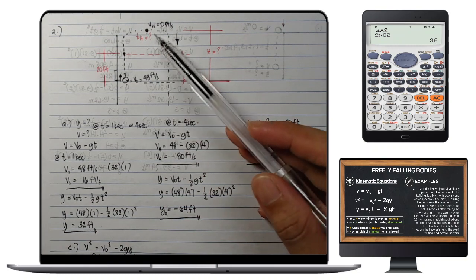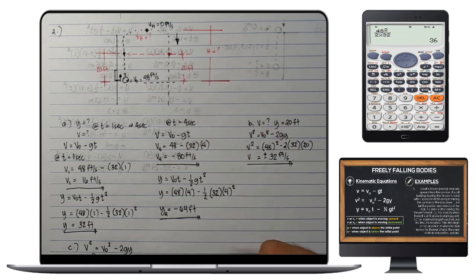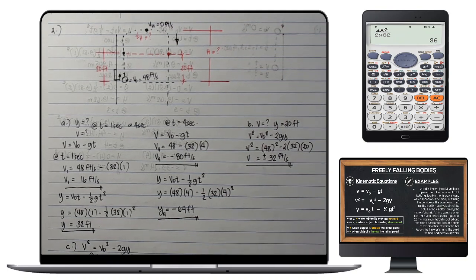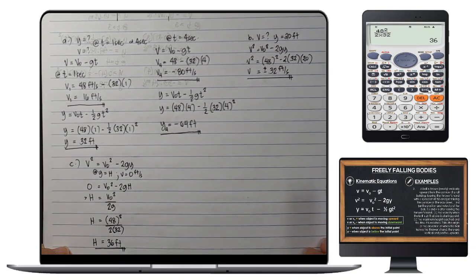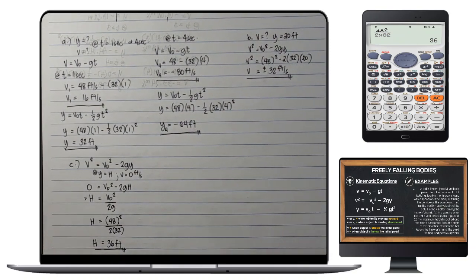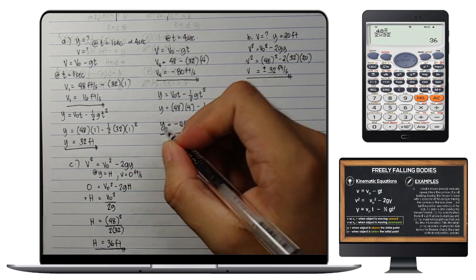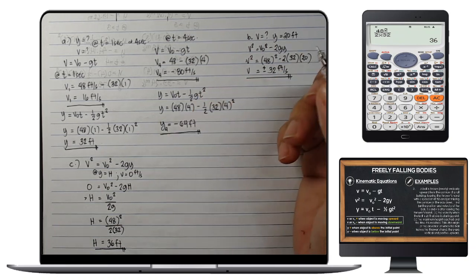Para matingnan natin kung posible ba na yung maximum height natin ay 36 feet, tingnan natin yung time to reach the maximum height. At what time natin ma-reach after releasing the ball si maximum height. Okay, so yung isang pinapahanap sa atin, time to reach the maximum height.